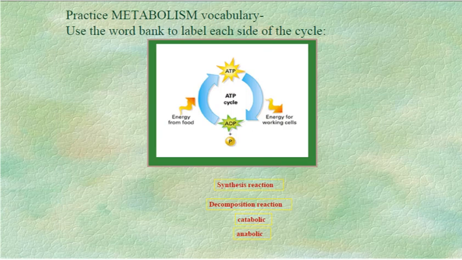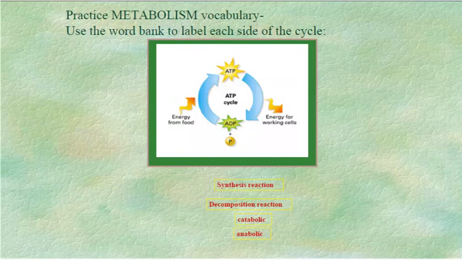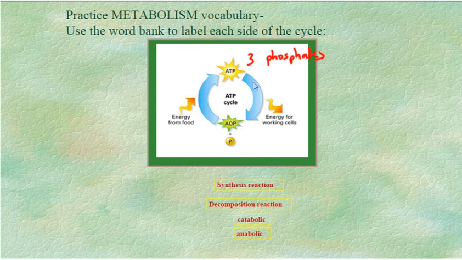All right, final thing. Just kind of putting all of these words together. When we look at the ATP cycle, remember this is 3 phosphates, hence the T. The D is 2 phosphates.